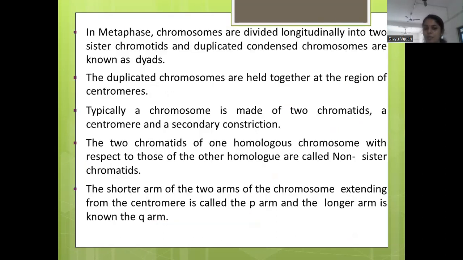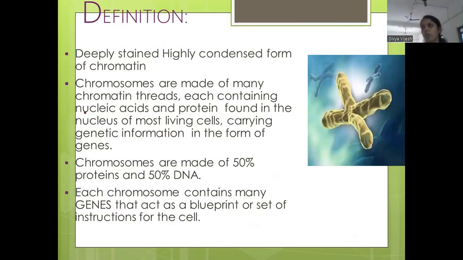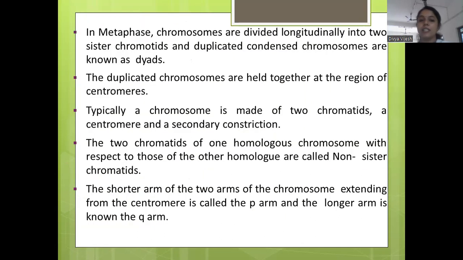So can you just explain to me about chromosome? Chromosomes are the deeply stained, highly condensed form of chromatin, and they are made up of chromatin threads, each containing nucleic acid and proteins, and they carry the genetic information in the form of genes, and consist of 50% proteins and 50% DNA, and the proteins are histone proteins, and it is the blueprint or set of instructions for the cell.